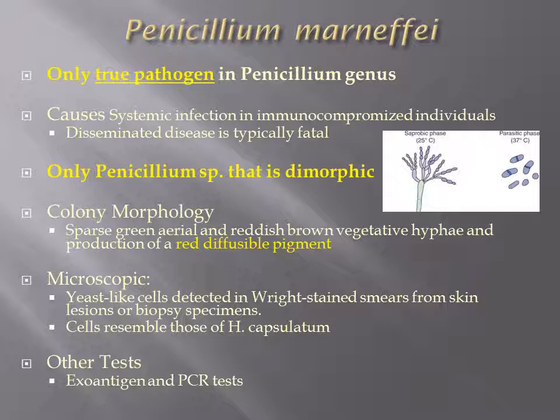In people who are severely immunocompromised, such as people with HIV/AIDS, it often progresses to disseminated disease, which is fatal. This is also the only penicillium species that is dimorphic, able to grow as a yeast form at 37, mold form at 22.